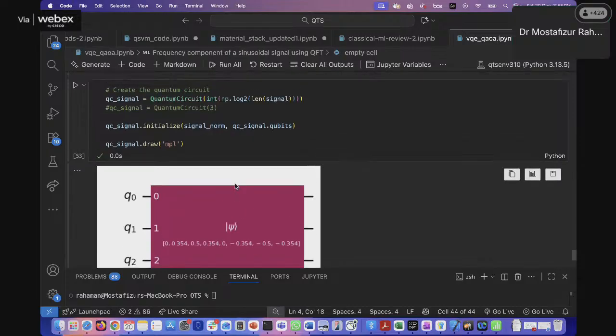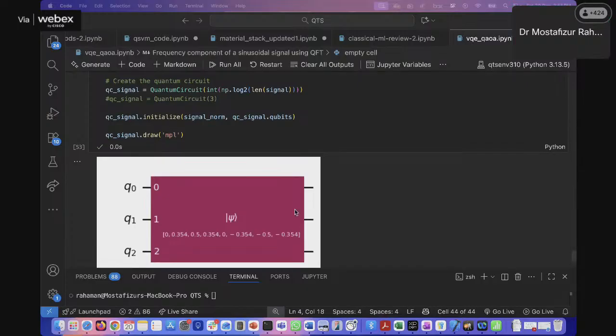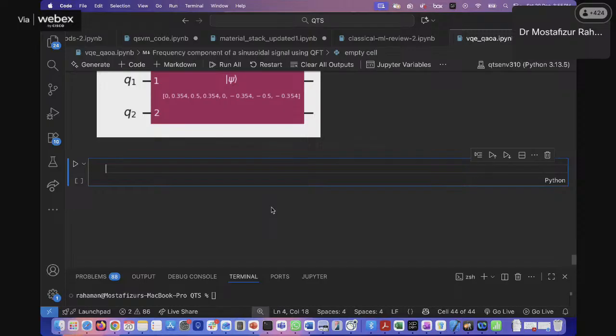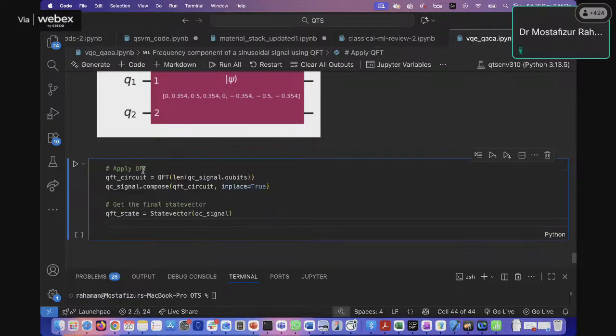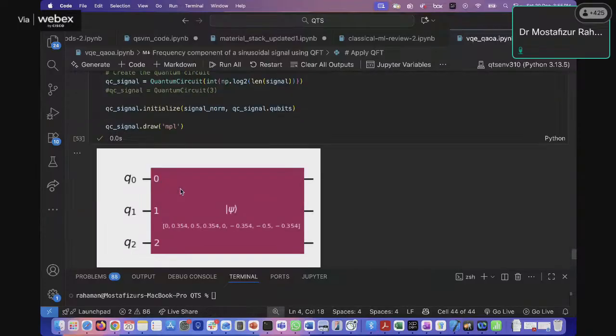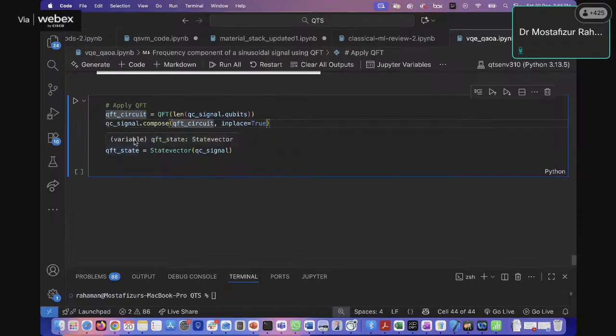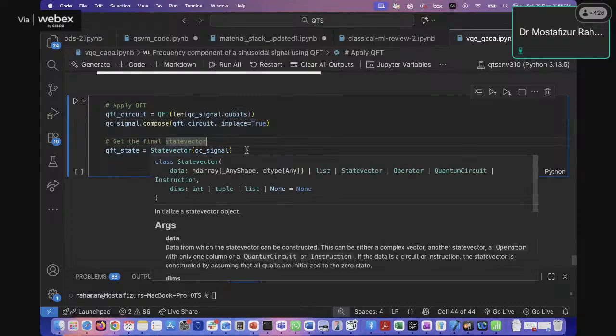Now once you have that, let's apply the quantum Fourier transform on this particular state vector. So we'll apply the QFT on the QC signal qubits, and then whatever we get, we get the final state vector.